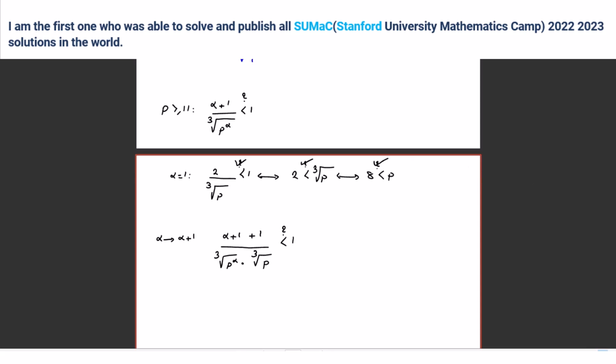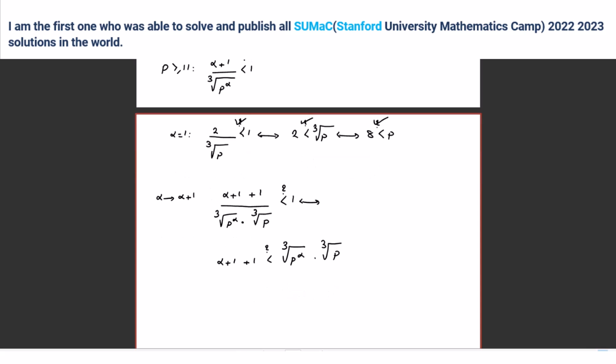So it is equivalent to what? Alpha plus 1 is less than cube root of this one times this, right? We know, by using induction, alpha plus 1 is less than cube root of p to the alpha, right?